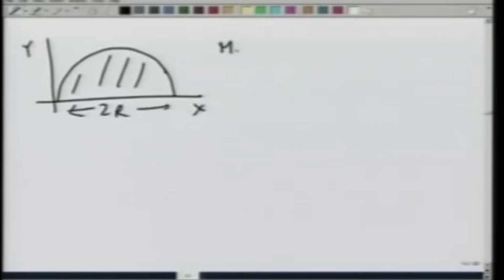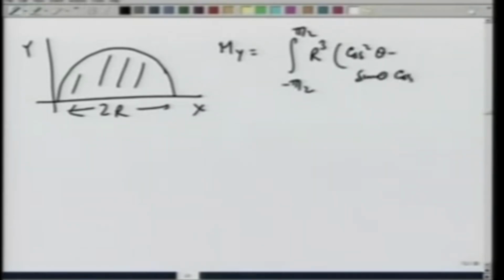So, I have my for the semicircle of diameter 2r equals integration minus pi by 2 to pi by 2 r cubed (cosine square theta minus sine theta cosine square theta) d theta.